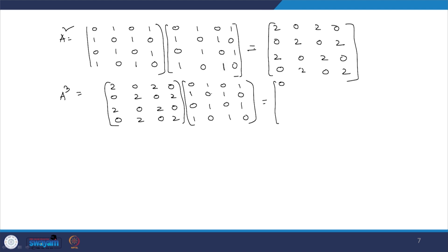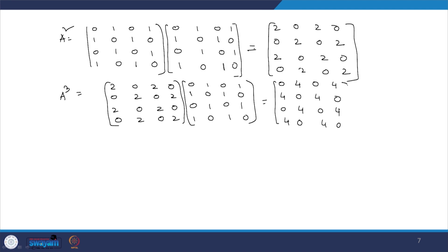This is 2, 0, again 2. So, I will have 4. Third one we will see that 0, fourth one will have 4. So, again second row 0, 2, yeah, we will have 4, 0, we will see that 4, 0 and 0, 4, 0, 4, 4, 0, 4, 0.